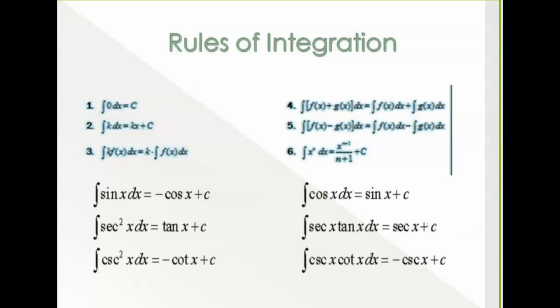So what you'll notice is now each of these rules has the plus c tacked on that wasn't previously there.